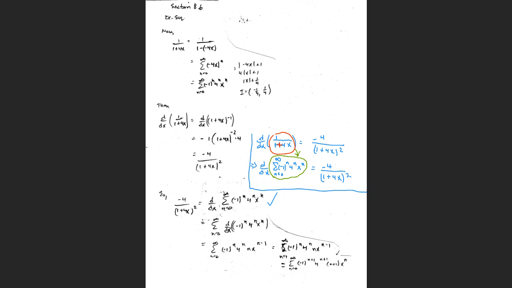Now, the derivative of a sum. Let's see how we go from this step to this step here. When you have the derivative of f plus g, the derivative of a sum is the sum of the derivatives, right?